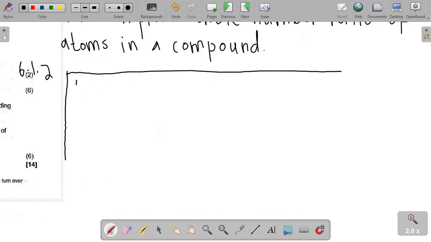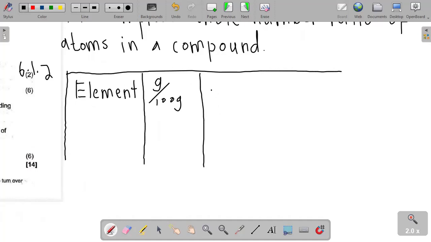The first thing we have here is the element. And then we have grams over 100 grams. And then we have the number of moles, where we divide by the molar mass in this column.